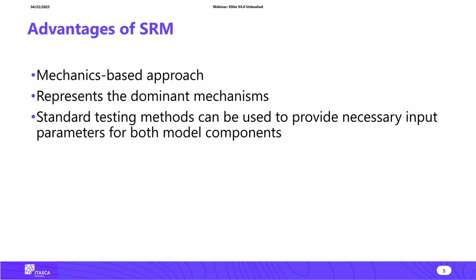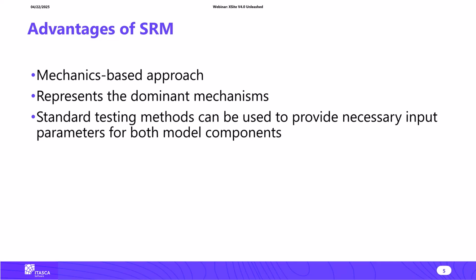And finally, the SRM can use the results of standard testing methods on small scale samples, and then automatically, if we have a correct representation of the DFN, automatically accounts for the scale effects.